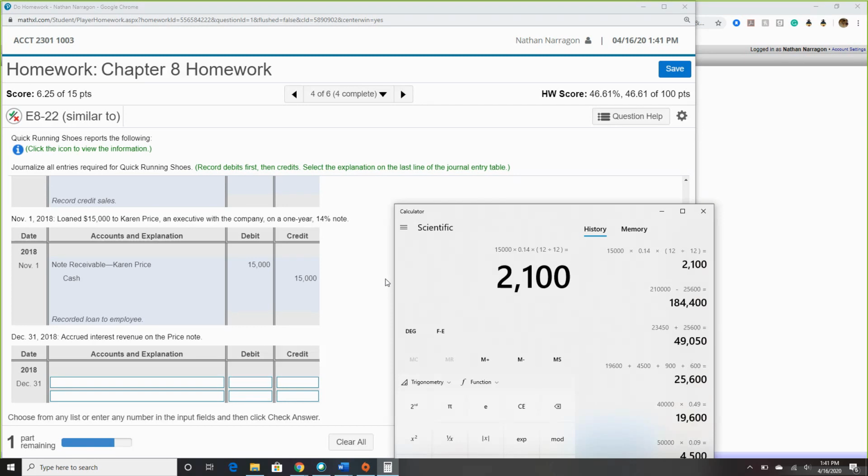Now, that's the complete interest. That's not what we're asking for though, are we? How many months are in 2018 that we had? Because that was total interest, but we need to split this up.